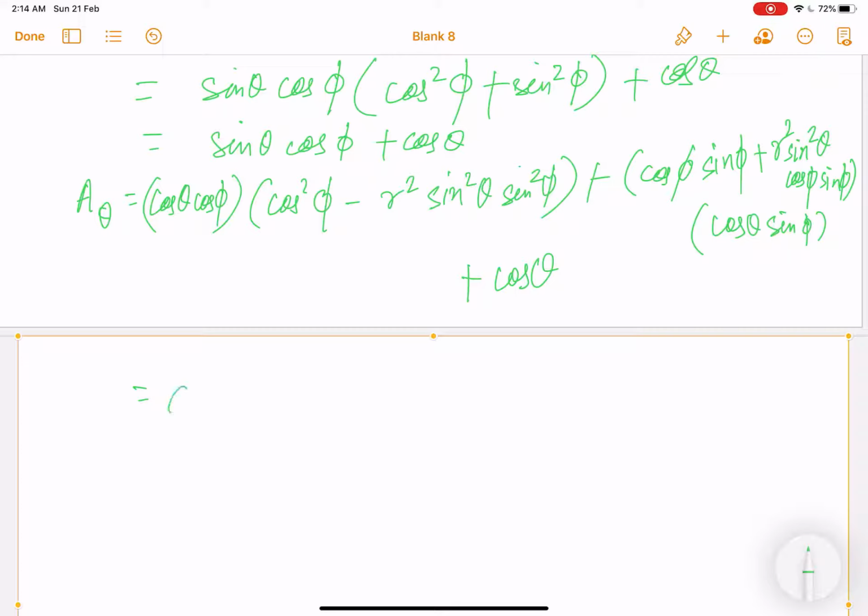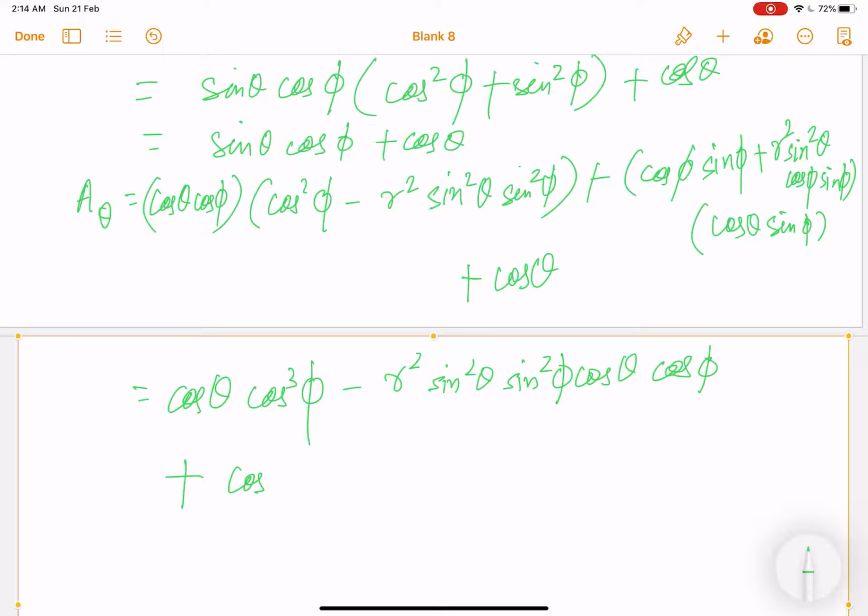It will be cos theta cos cube phi minus r square sine square theta sine square phi cos theta cos phi, then plus this will be cos phi sine phi, multiply it with cos theta, plus r square sine square theta cos phi sine phi.